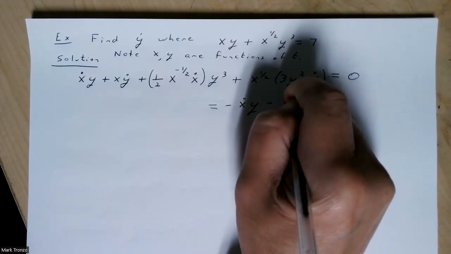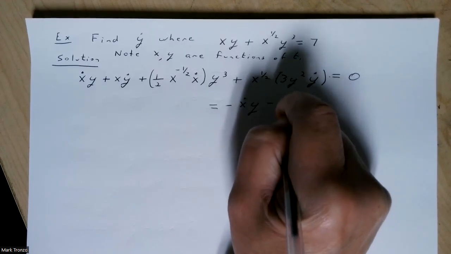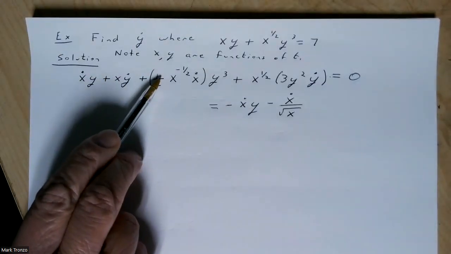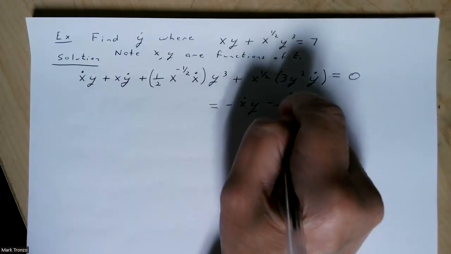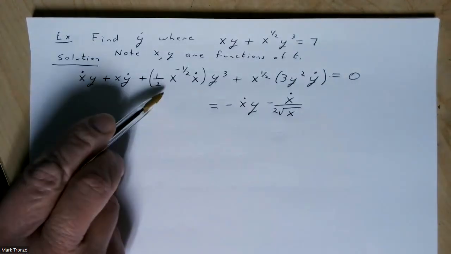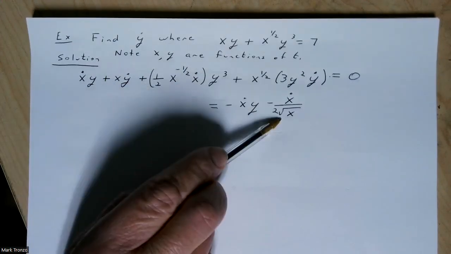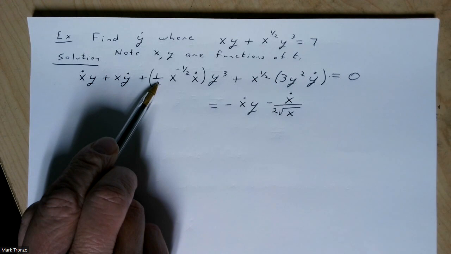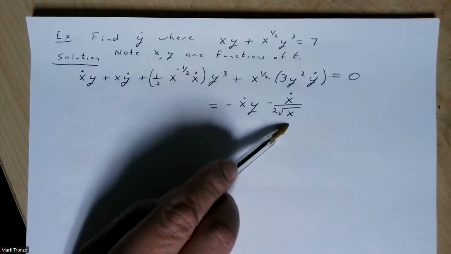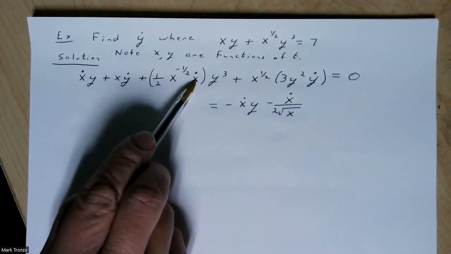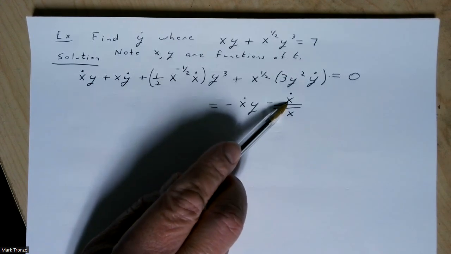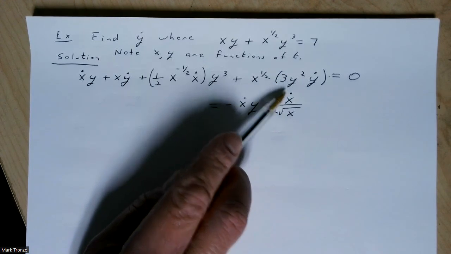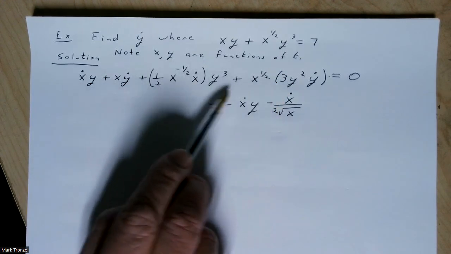That'll be y, and then square root of x. I forgot my 2. So all I did was bring this into the denominator because the power was negative, made that 2 x dot, and then brought everything to the right-hand side. And that's everything.